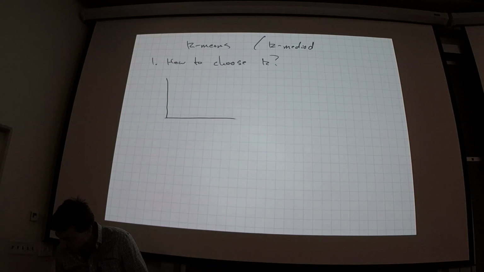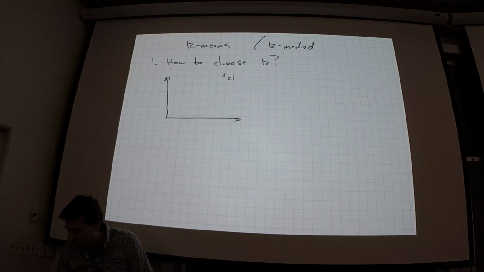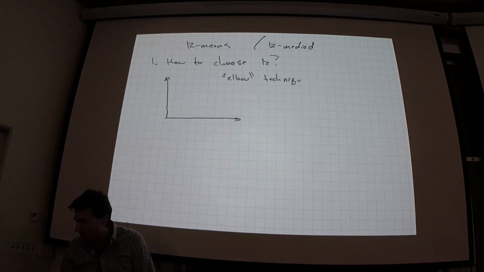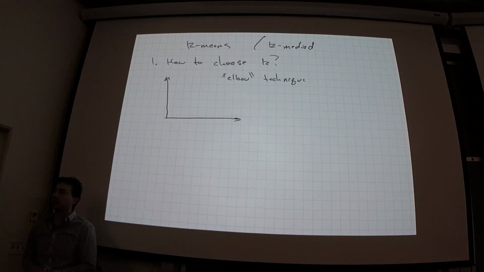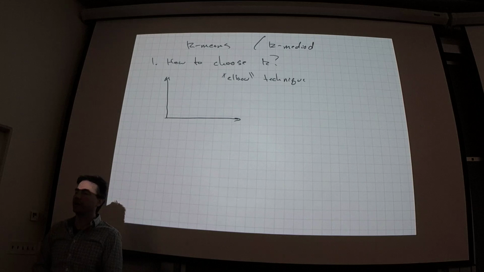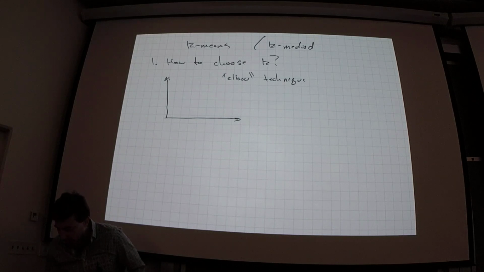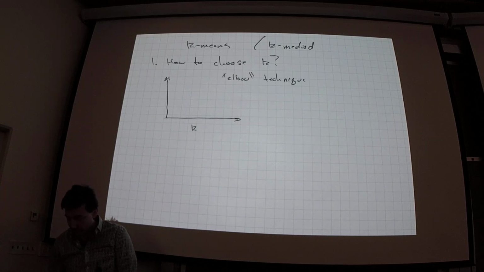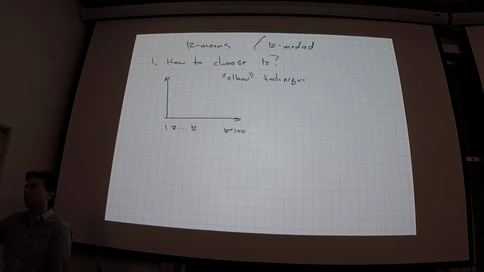But the other way of doing it is what's called the elbow technique. So what I'm going to do is run the algorithm for different values of K. So this is going to be 1, 2, up to, let's say, K equals 100, something large.